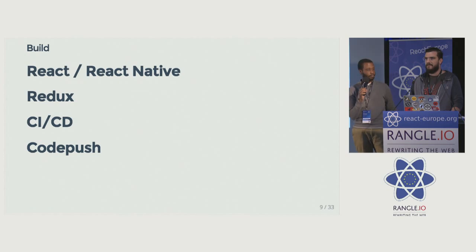We can get our features to users faster. And we also have tooling like CodePush that allows us to run many experiments at the same time. With the ability to build fast, we're able to adjust and pivot as we need.